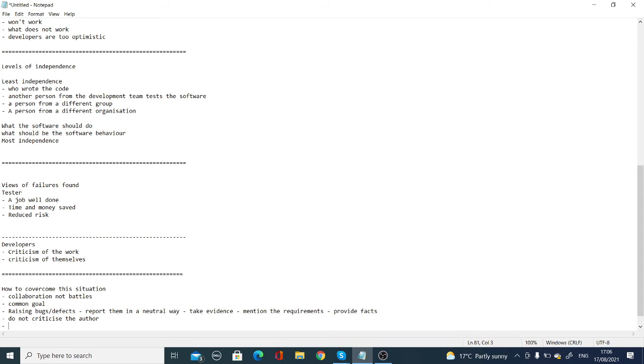This is not the way. You need to focus on the bug you found, not target the person. Whenever you find one, you can say, I assume this is my understanding of the requirement, and if it were me, I would have written it this way. So you discuss it.